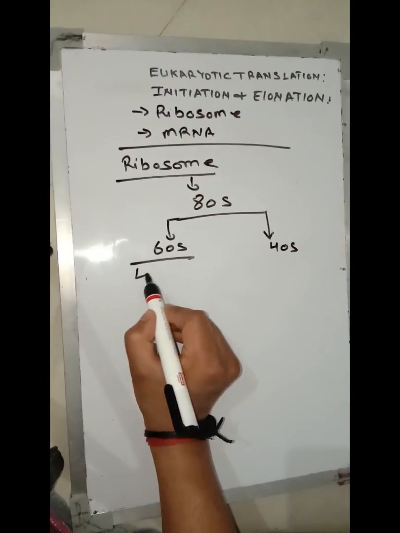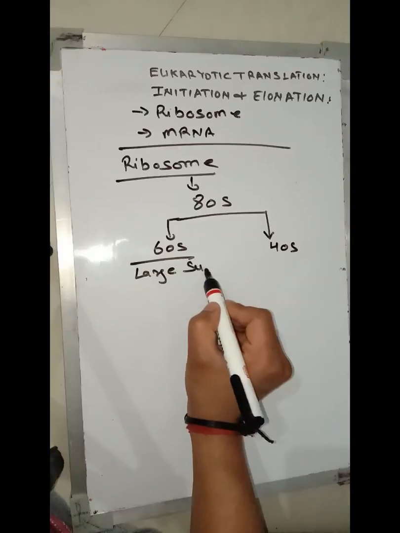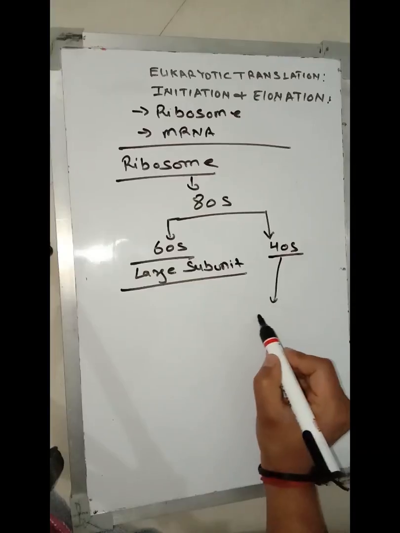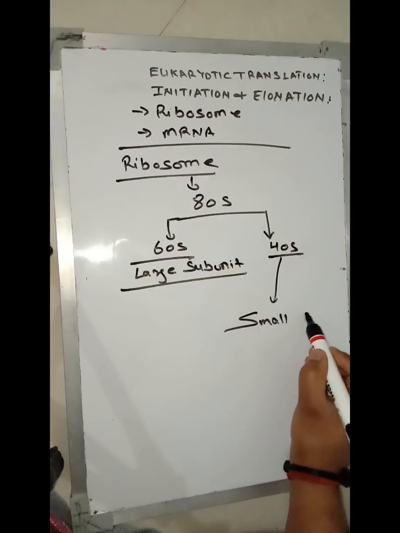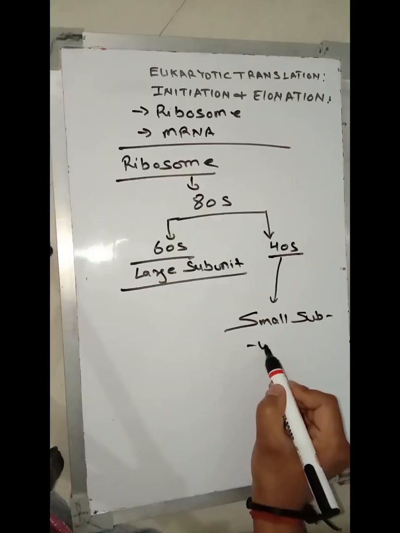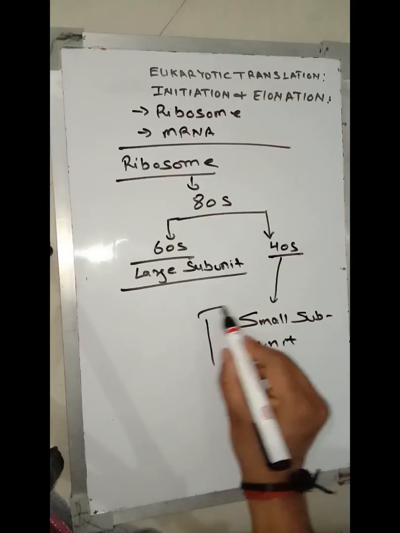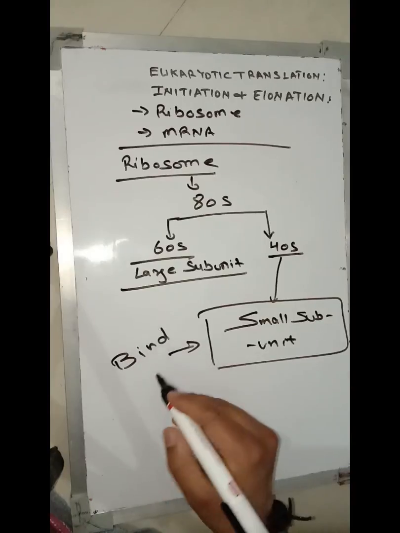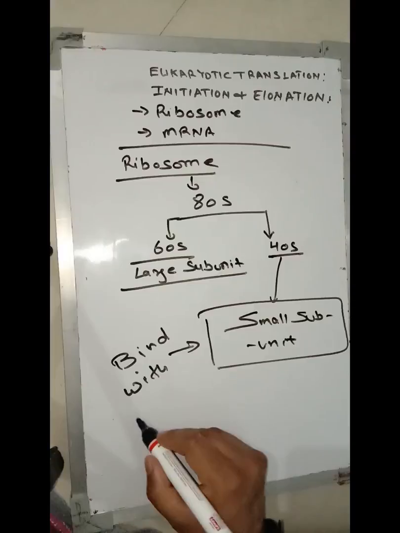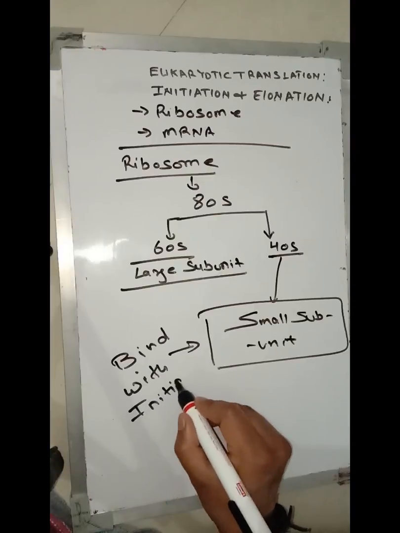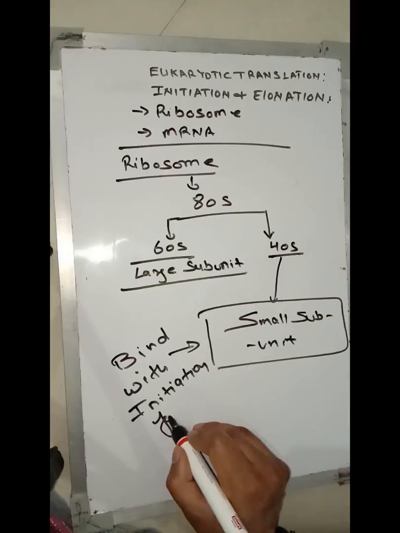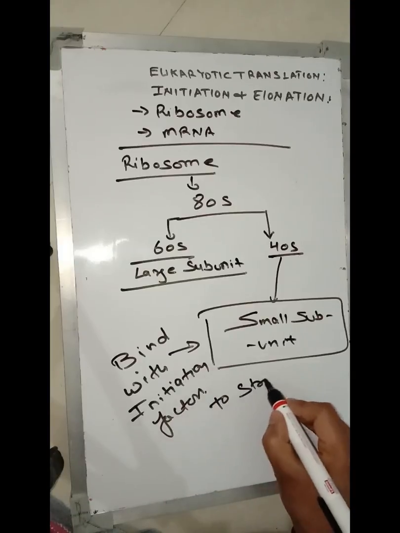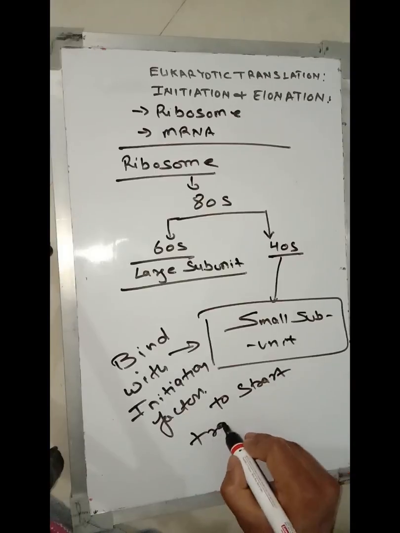The 60S is the large subunit. This 40S is the small subunit. This small subunit will bind with initiation factors to start translation.